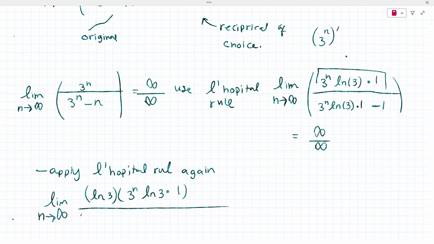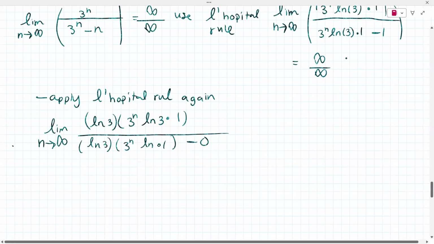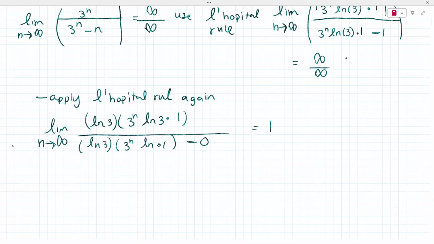And then on the bottom, it's going to be ln of 3 times 3^n ln of 3 times 1 minus 0. So this time, when you plug in infinity, it's going to be 1. 1 is a positive, tangible number.